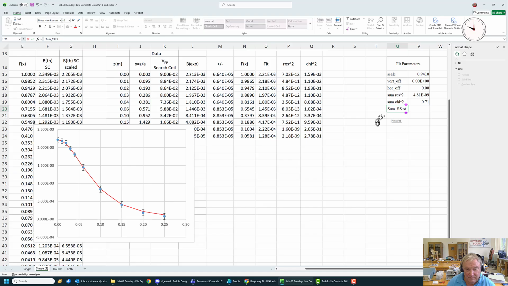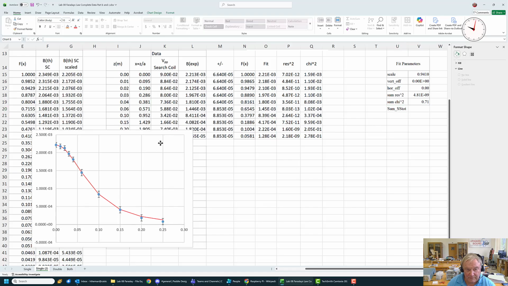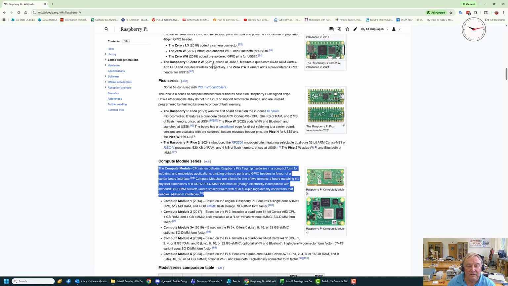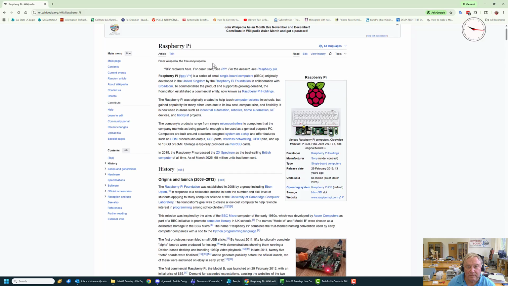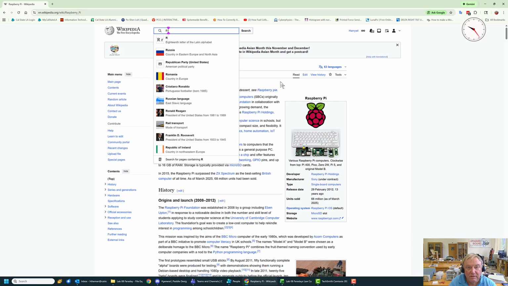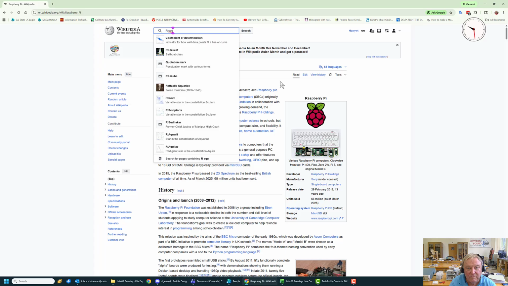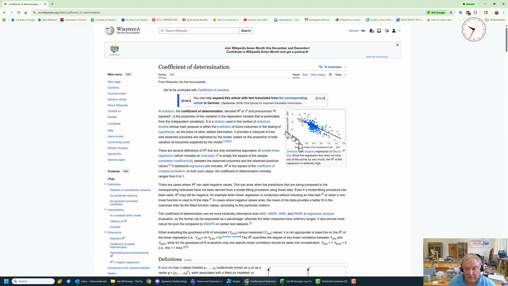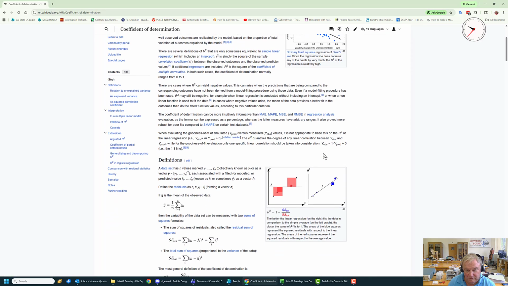Let's see, we got Wikipedia up already. R squared, coefficient of determination. I think that's it. Right. So do we have a good fit?